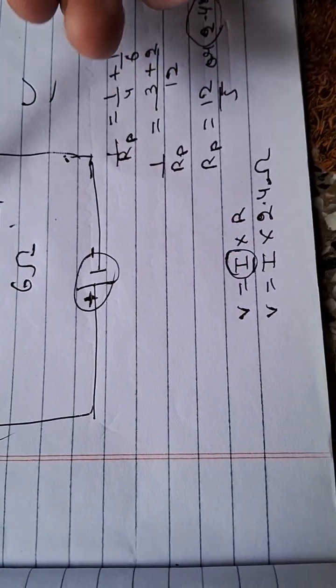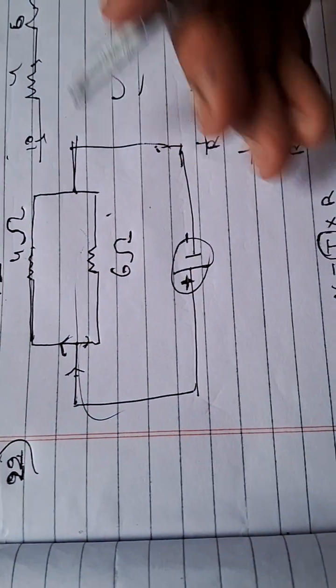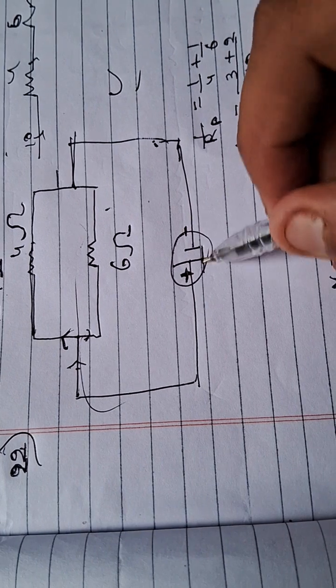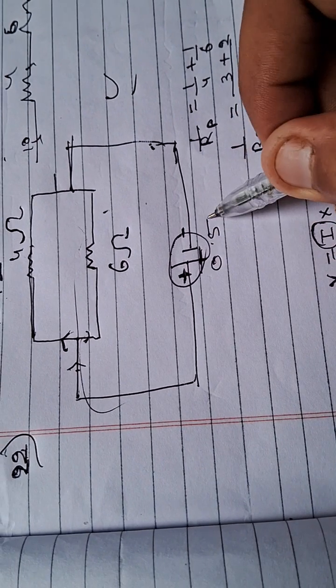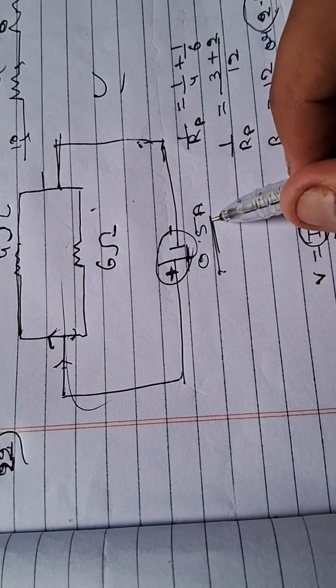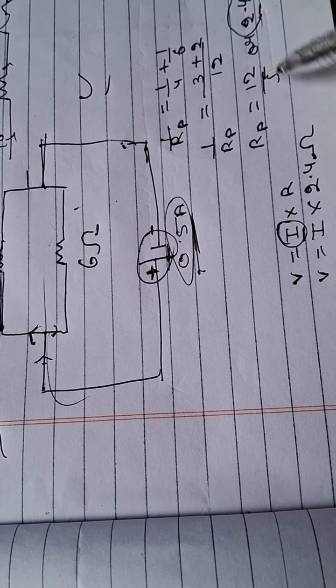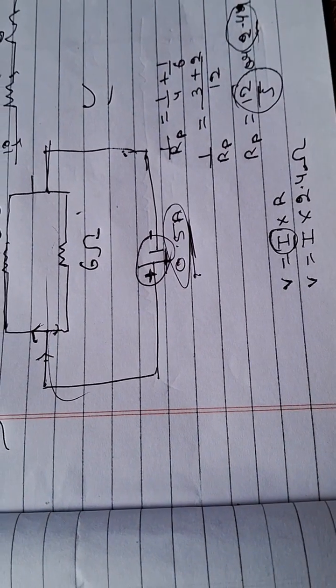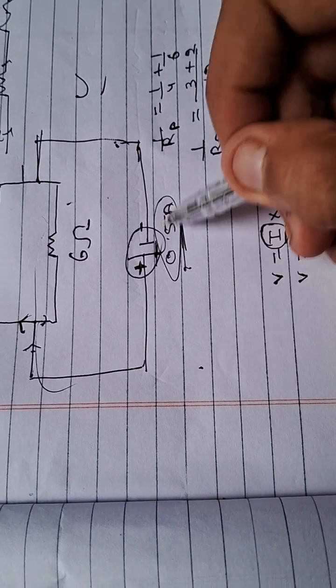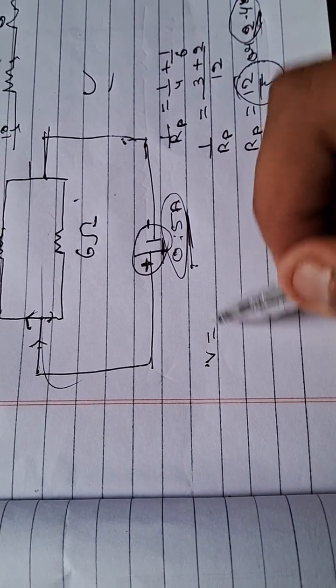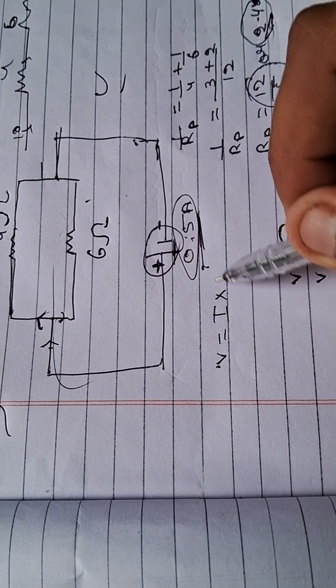Actually, in the question, it was also given that the current is 0.5 ampere. Okay, this was extra given in the question. So we take 12 upon 5, not 2.4.